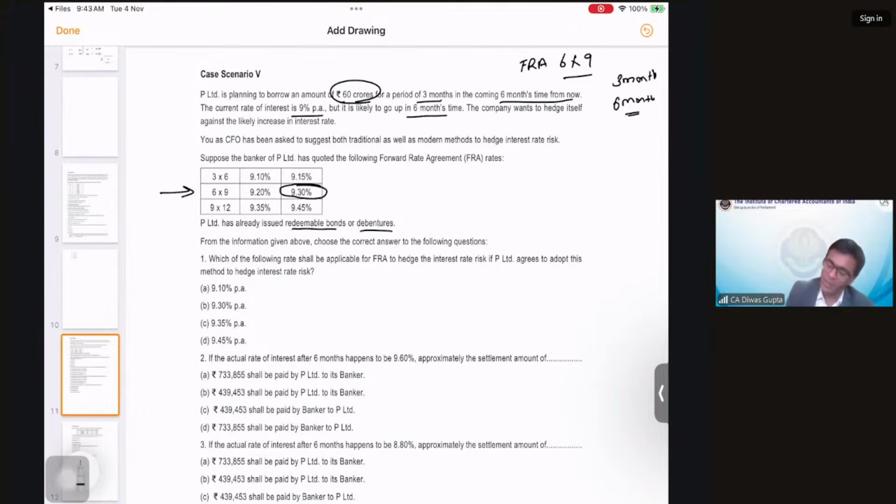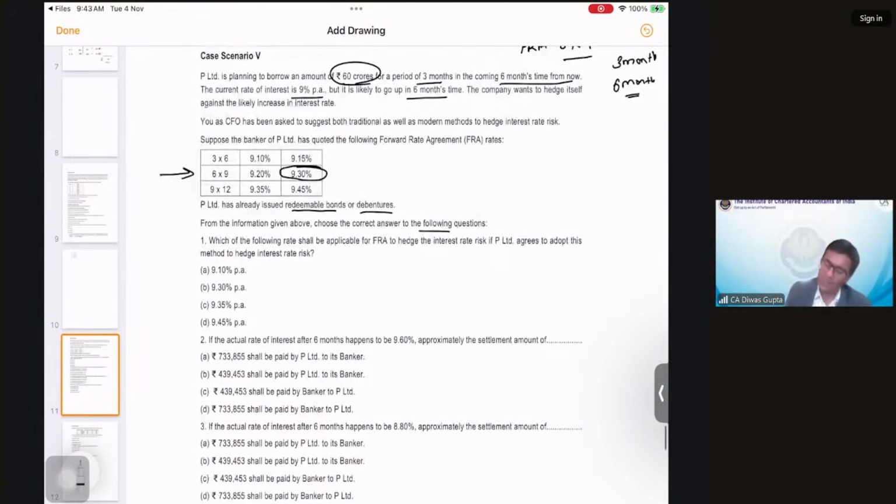From the information given above, choose the correct answer to the following questions. Which of the following rates shall be applicable for FRA to hedge against the interest rate risk if P Limited agrees to adopt this method?